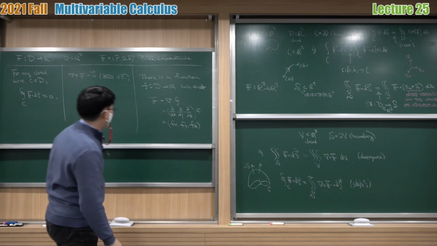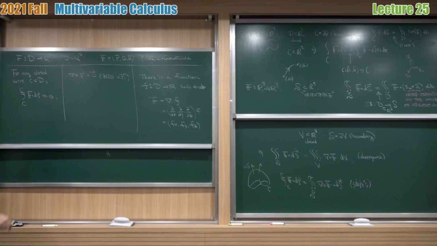So I will give a name to all three conditions. The first one says that F is a conservative vector field.